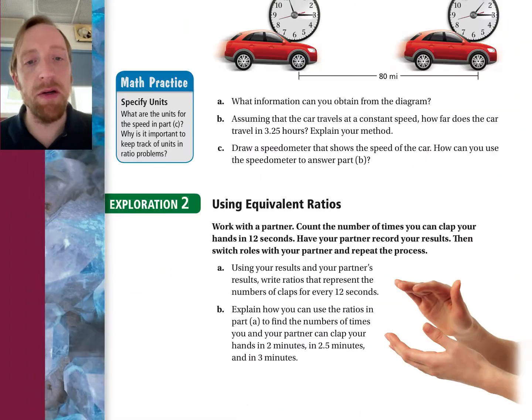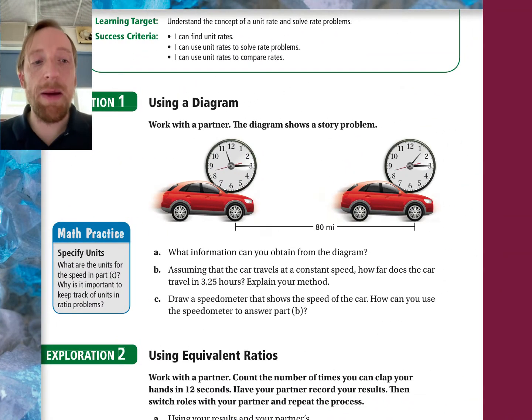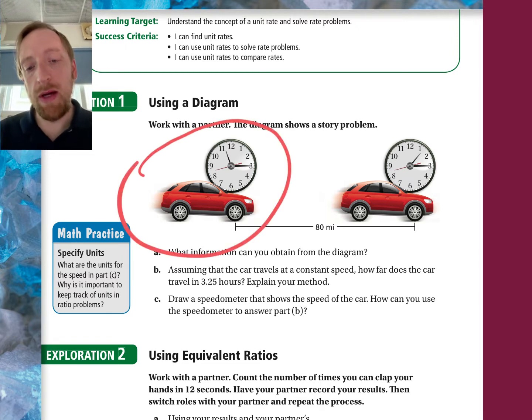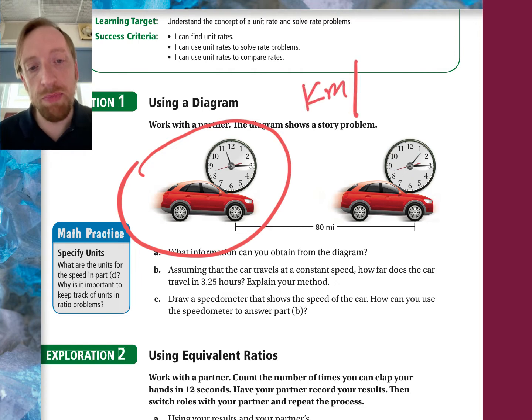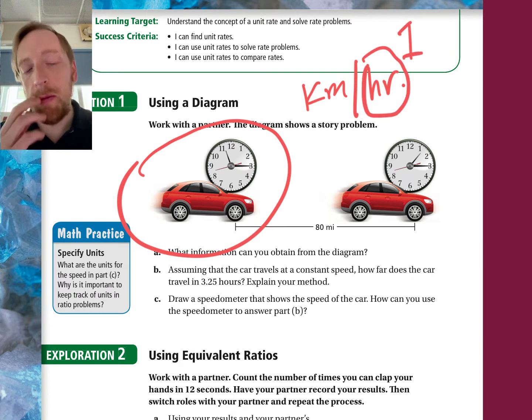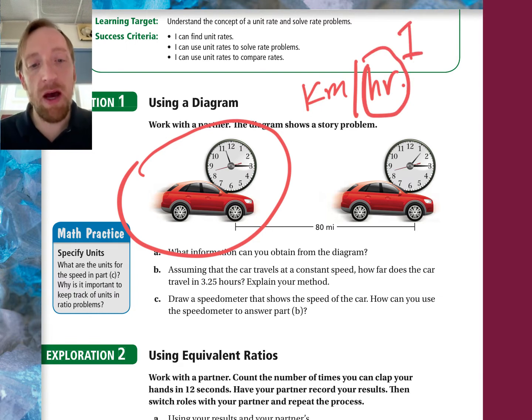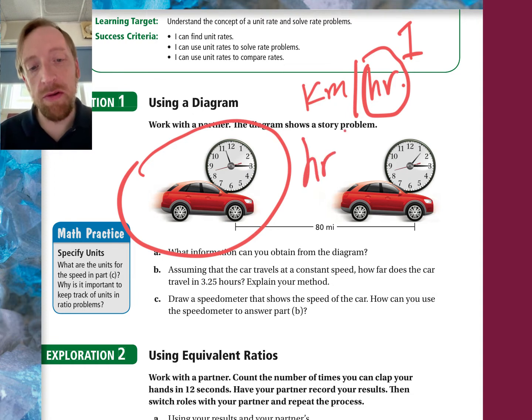Actually, let's go back up to the car. This happens specifically when you're traveling. How do we measure our speed? Well, we usually measure kilometers or miles per 1 hour. It's usually 1 hour. We don't usually say how many hours per 1 kilometer.